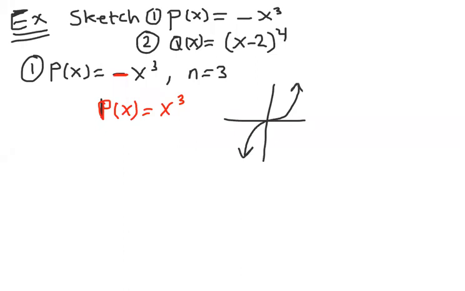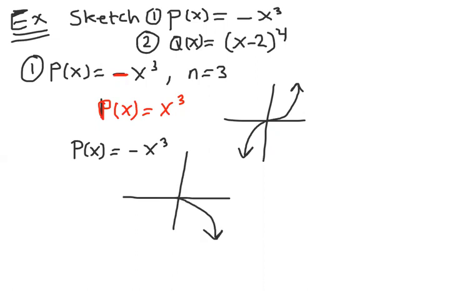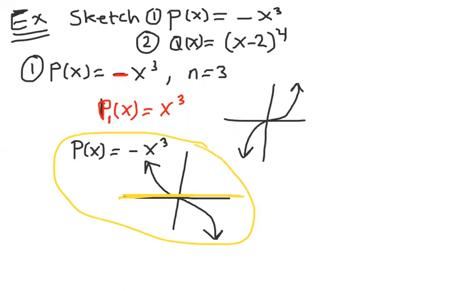But here the polynomial is b of x equals minus x to the 3, which means we reflect it around the x-axis. This is the x-axis, so the graph for the function looks like this. So this is the graph for the first one.